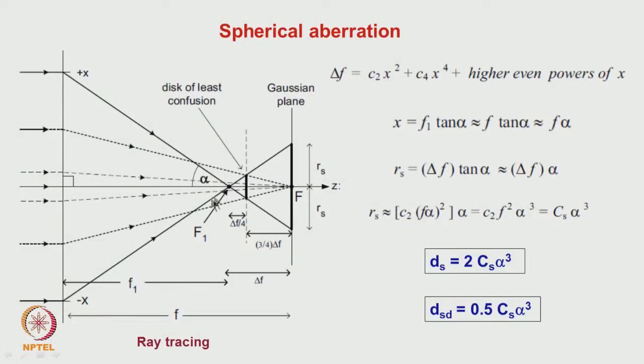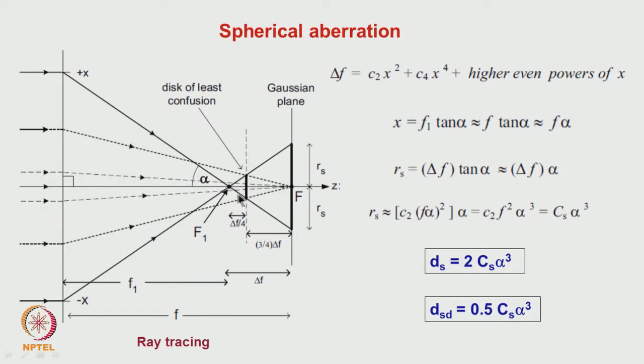it gives rise to a situation where the lens has different focal lengths depending upon the point at which the ray is entering the lens, that is, at what distance from the center of the lens the ray is entering. What is the effect of this spherical aberration, which we can calculate?